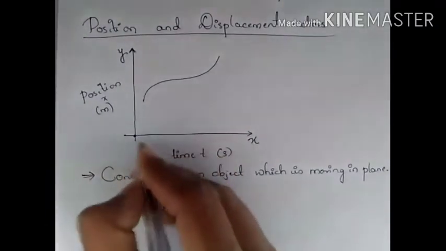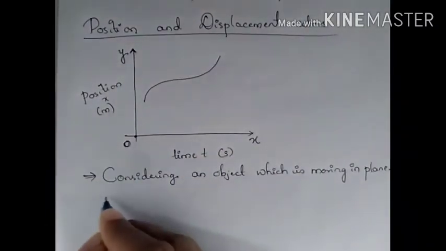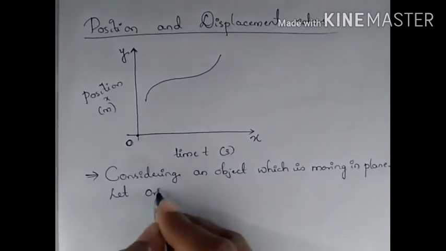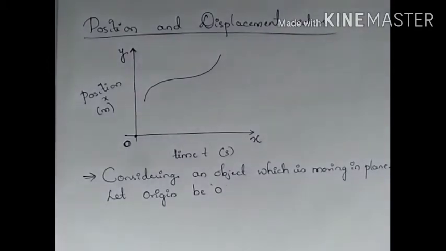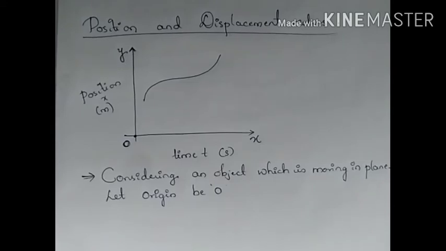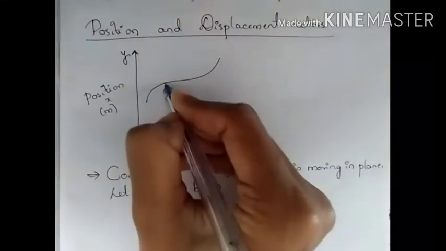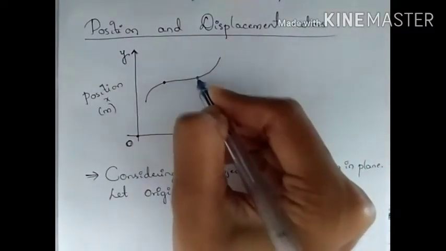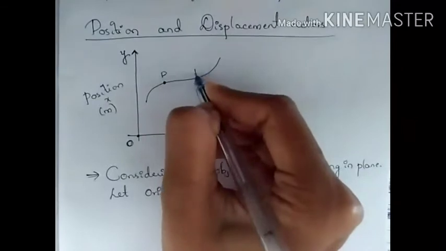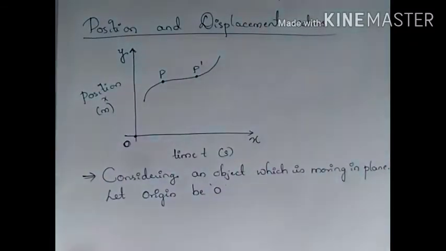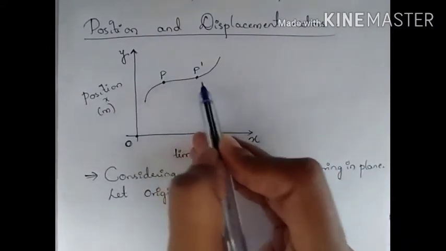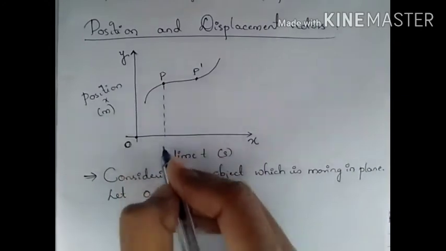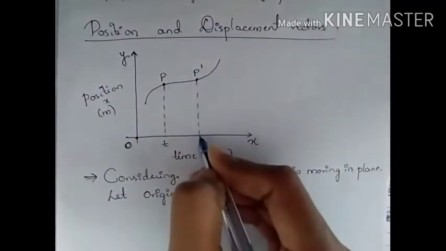So the origin of this plane is O. Now let P and P prime be the positions of the object at T and T prime. So let's say this point be P and this point be P prime.